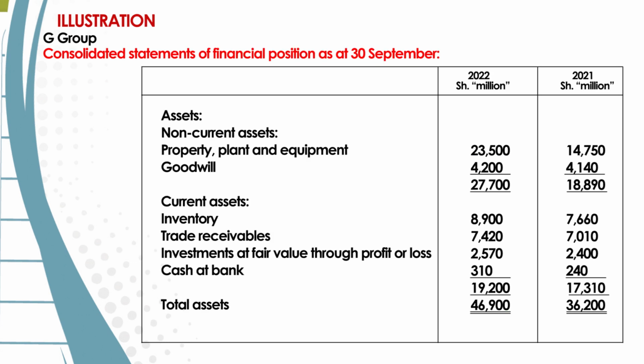Then we are also given the consolidated statement of financial position as at 30th of September 2022 and 2021, where we have the non-current assets, including property, plant and equipment, goodwill, and then at the current assets we have inventory, trade receivables, investment at fair value through profit or loss, and then we have cash at bank.